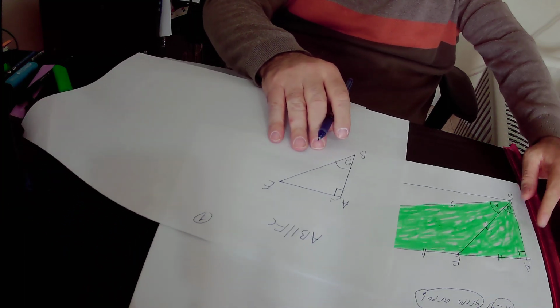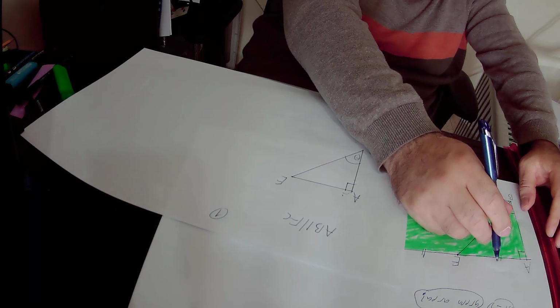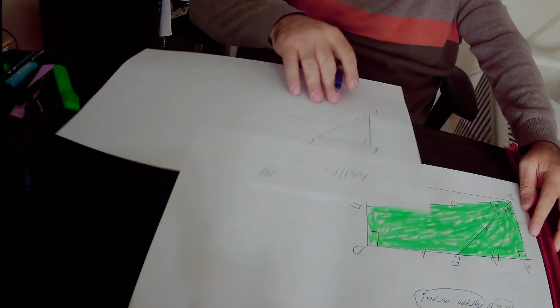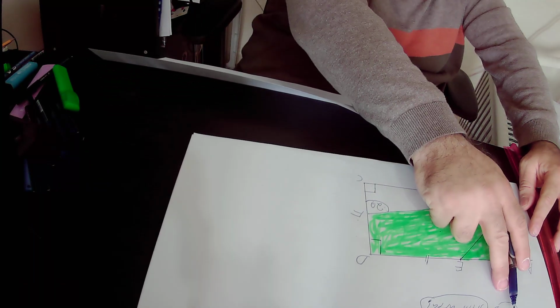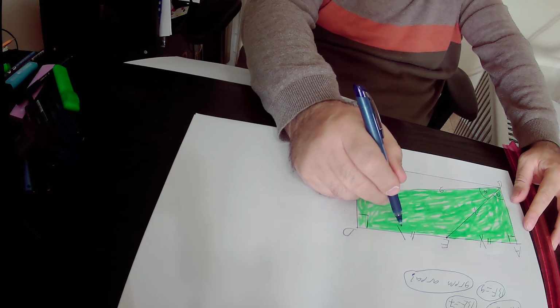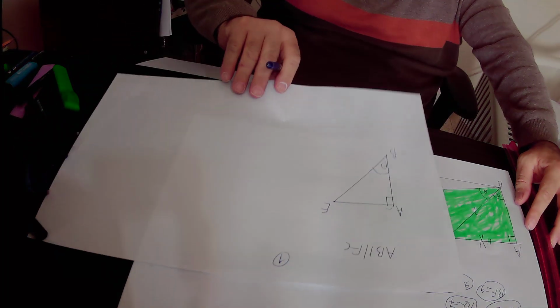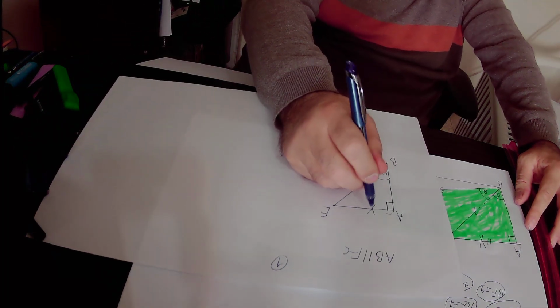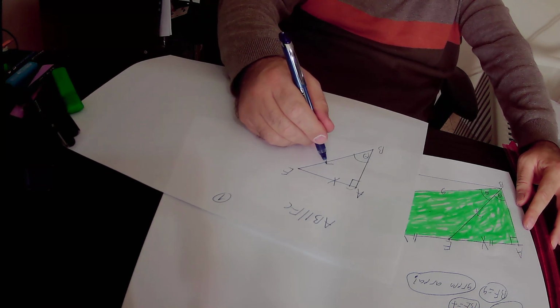We will define AE as X. So if AE equals X, and we know that AE equals ED according to what is given in the question, then ED will also be equal to X. And it is given in the question that BE equals 7 units.